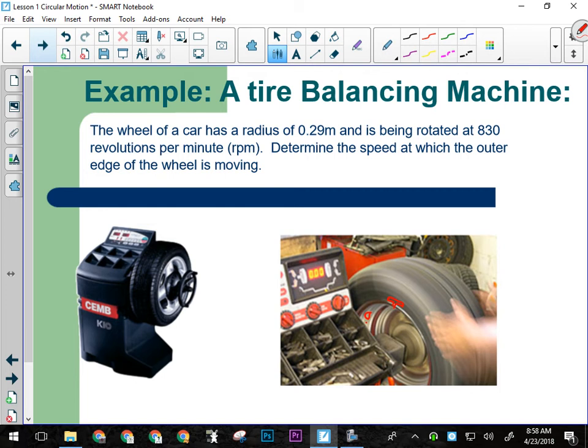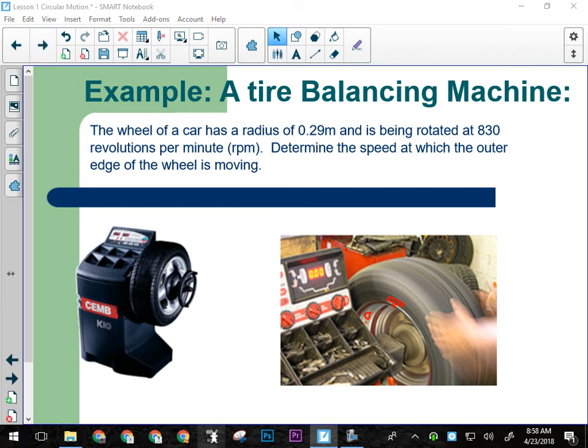I probably don't want it in revolutions per minute. I probably want it in revolutions per second. So I'm just going to convert that. Is it going to travel around more times in a minute or more times in a second? Less times in a second. So do I want to multiply that by 60 or divide by 60? I want to divide by 60.